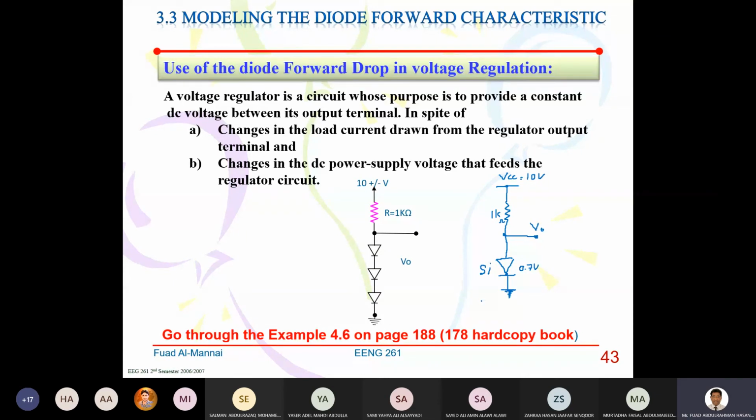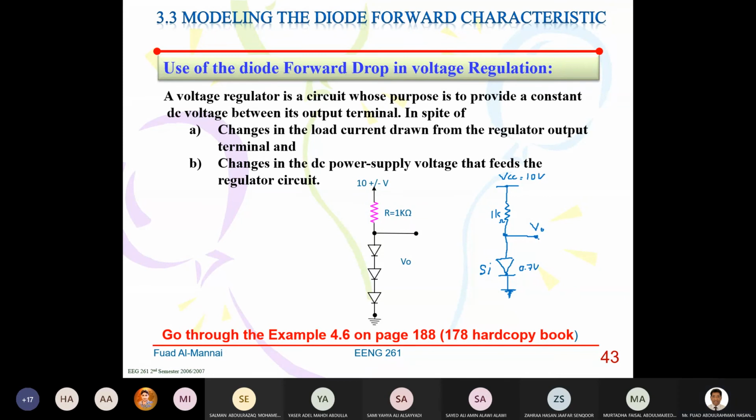Now, because this is 10 volts, and over here will be weak 10 volts, the diode will conduct, that means it will be forward bias. When it is forward bias, what is V out equal to, guys?